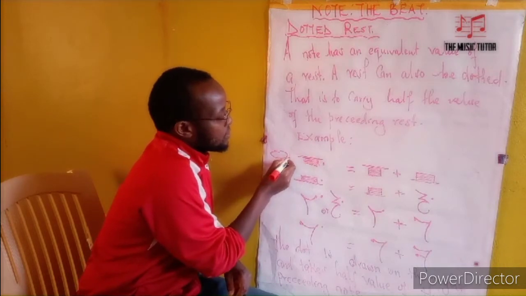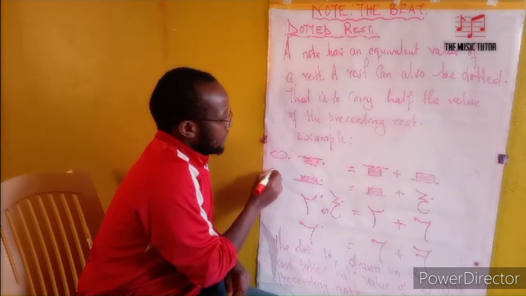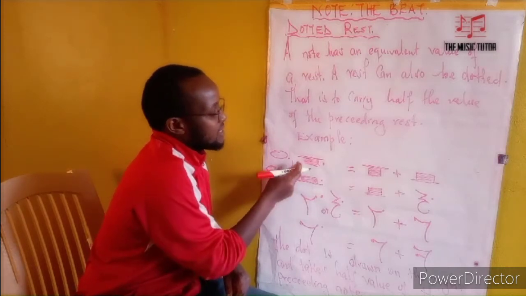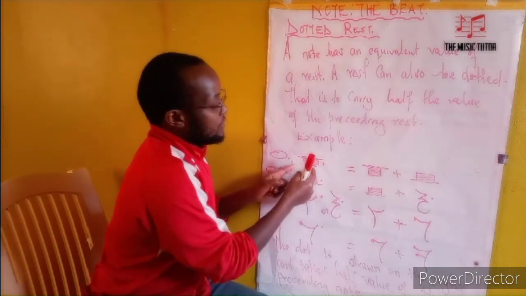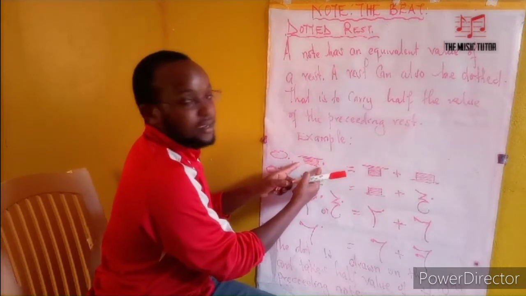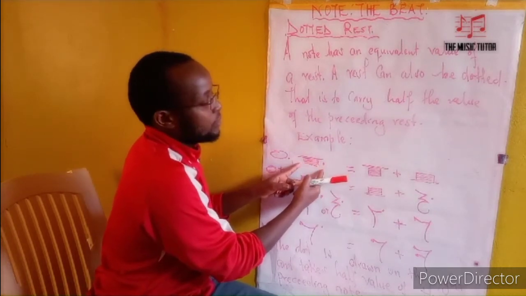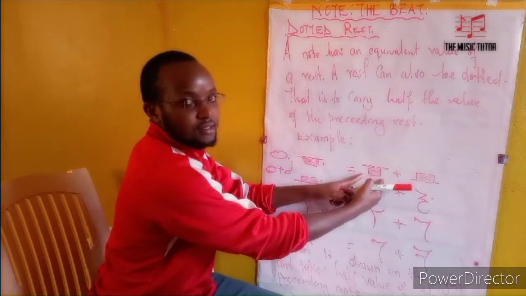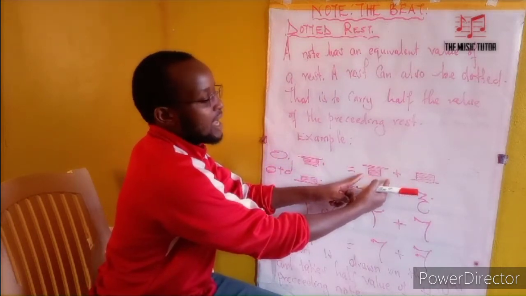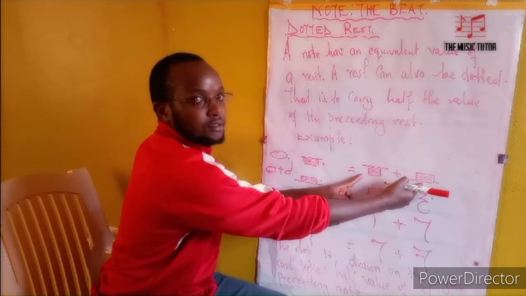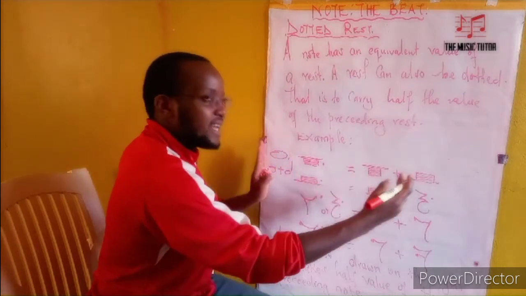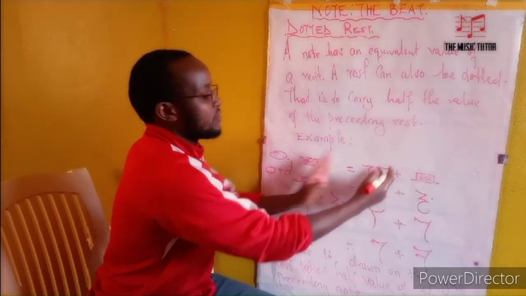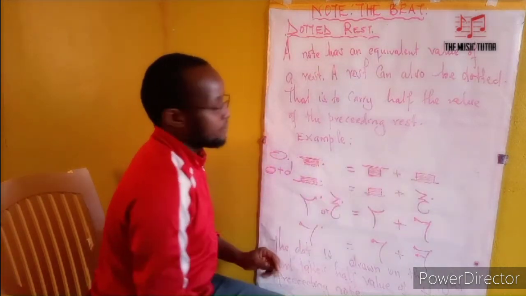If we dot this note, we shall have the semibreve plus a minim. This is the value. The same case applies here. If we dot the rest of a semibreve, we shall have to play the rest of a semibreve and the rest of a minim. That is, the silence will be that long. The size of a semibreve and the size of a minim.